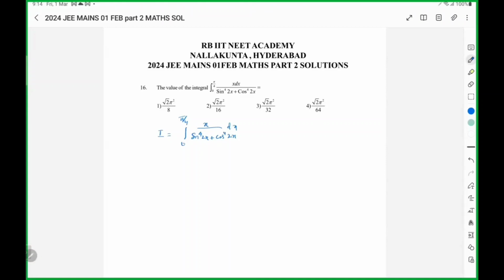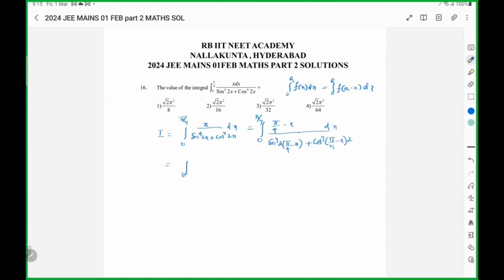By using the property that the integral from 0 to a of f(x) dx is the same as the integral of f(a minus x) dx, which is the integral of (pi by 4 minus x) by sin power 4 of 2 times (pi by 4 minus x) plus cos power 4 of 2 times (pi by 4 minus x) dx.